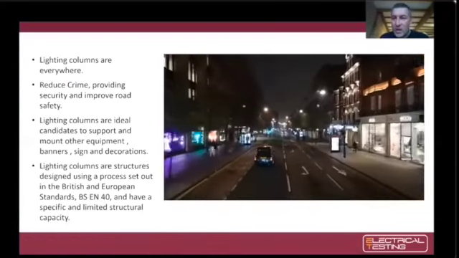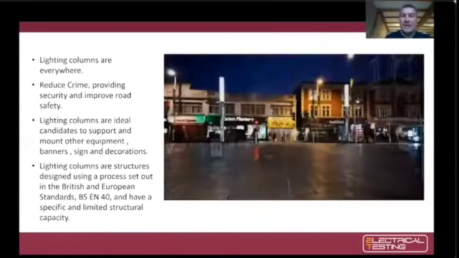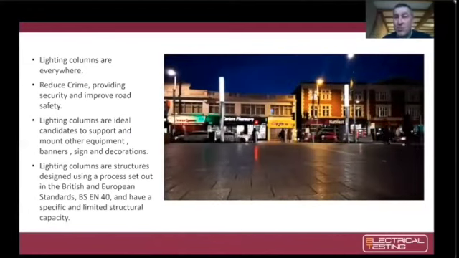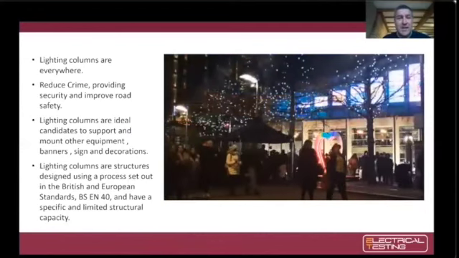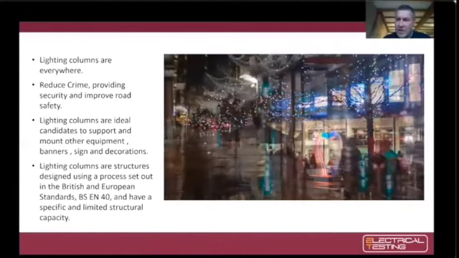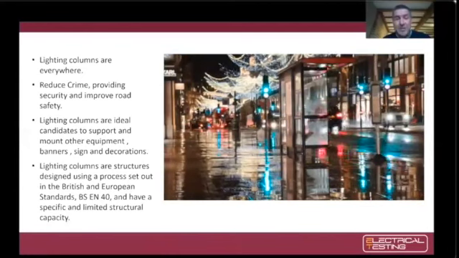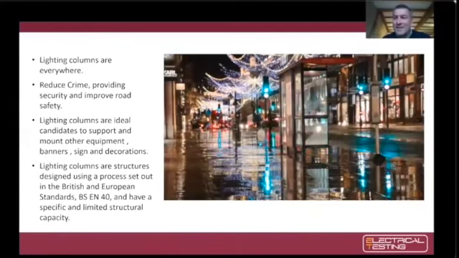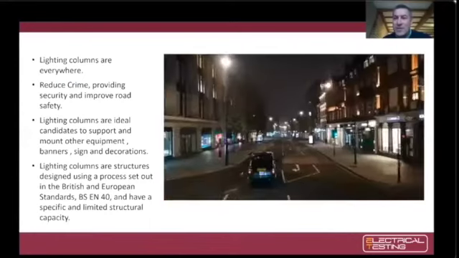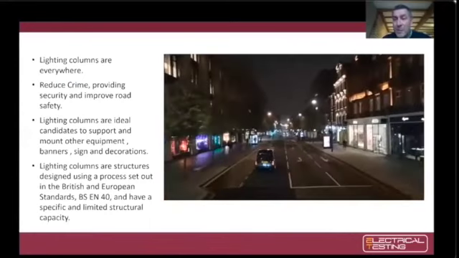So as we know, lighting columns are everywhere. They're there to aid the road user and the pedestrian. They're there for safety reasons. They're there to prevent crime, to prevent the fear of crime. And because there's so many of them, they're ideal candidates for additional infrastructure and equipment.